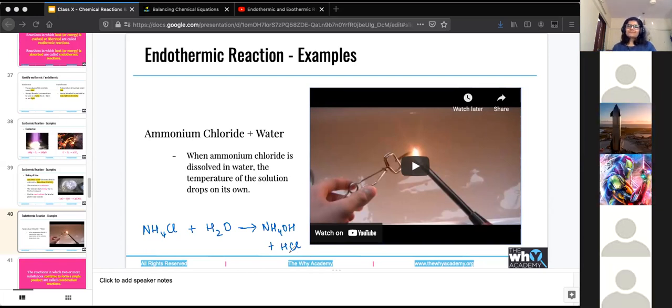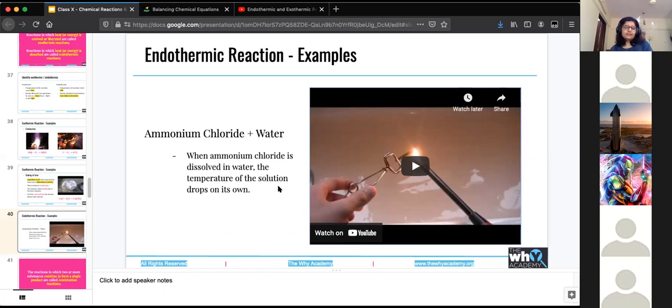Yes, it is balanced, ma'am, and we have 1 atom of N, 6 atoms of H, 1 atom of Cl, and 1 atom of O. Oh, cool. Balanced. Good. So this is an endothermic reaction.